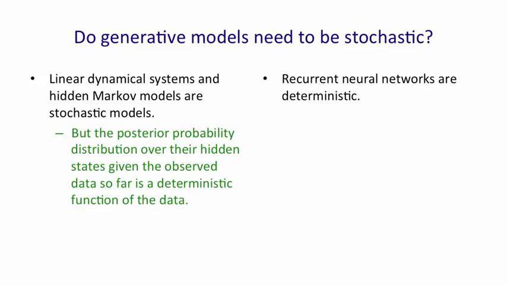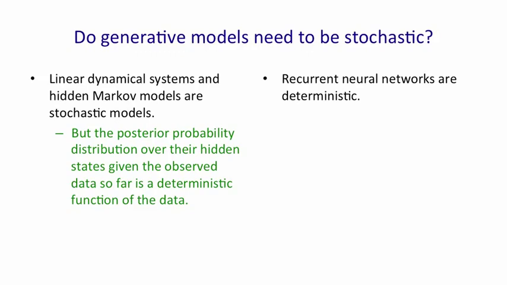Well, one thing to notice is that the posterior probability distribution over hidden states in either a linear dynamical system or a hidden Markov model is a deterministic function of the data you've seen so far. That is, the inference algorithm for these systems ends up with a probability distribution, and that probability distribution is just a bunch of numbers, and those numbers are a deterministic function of the data so far.